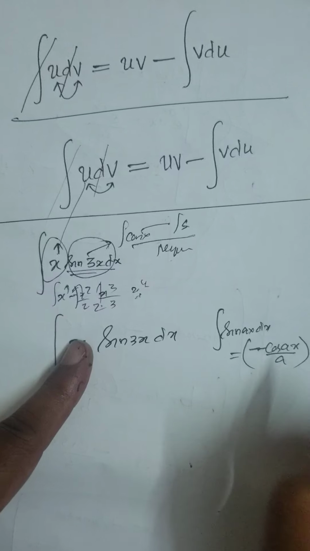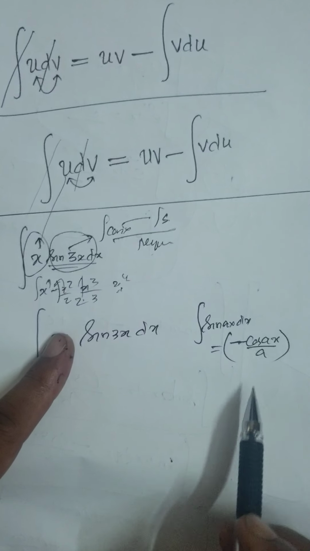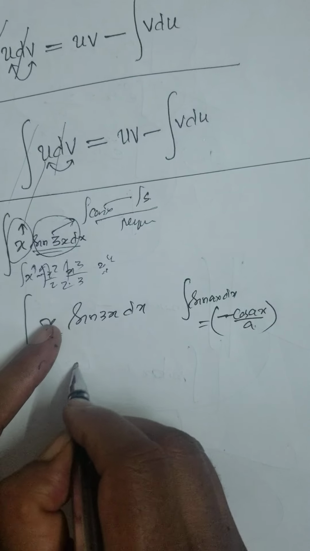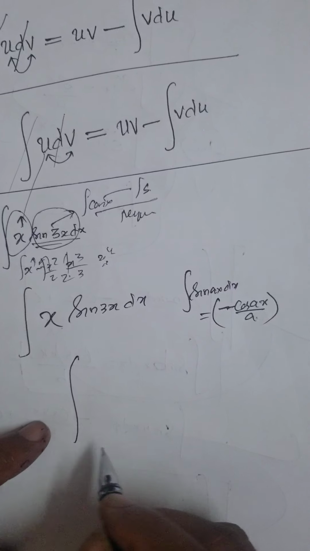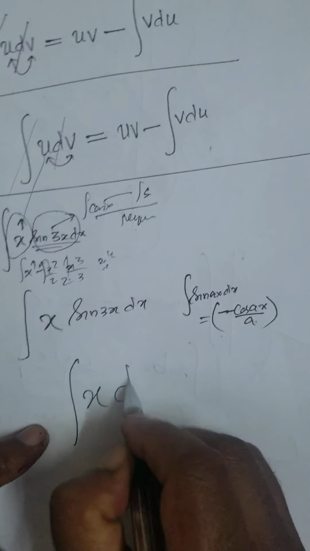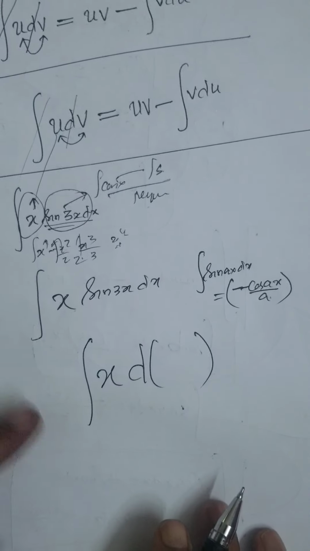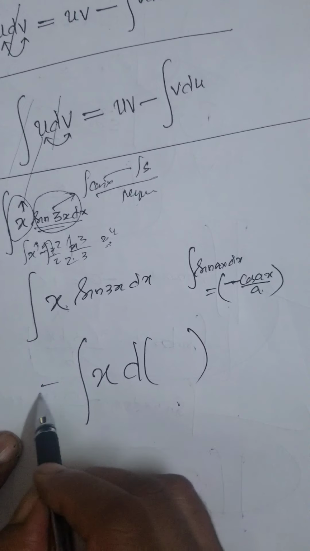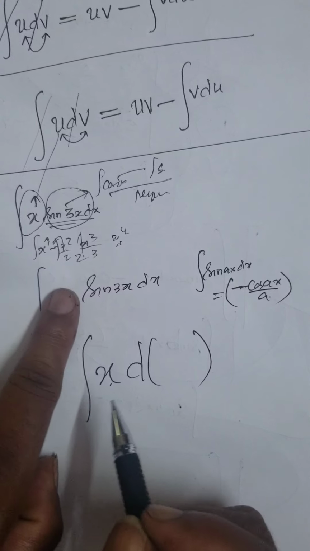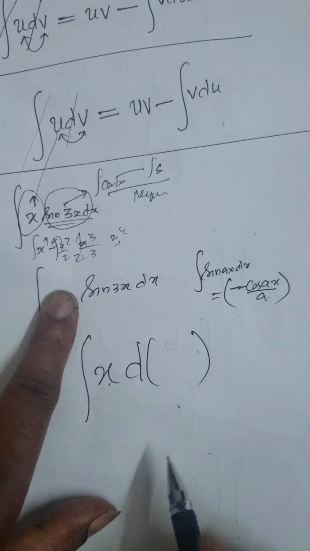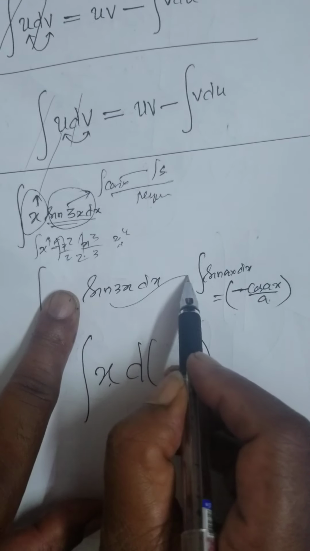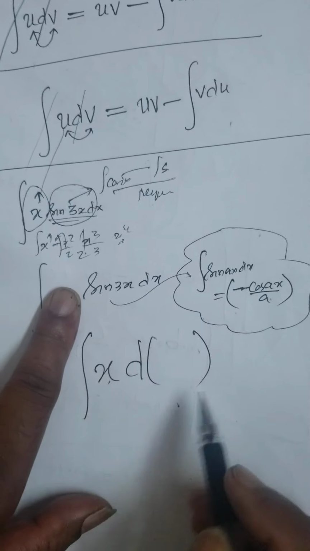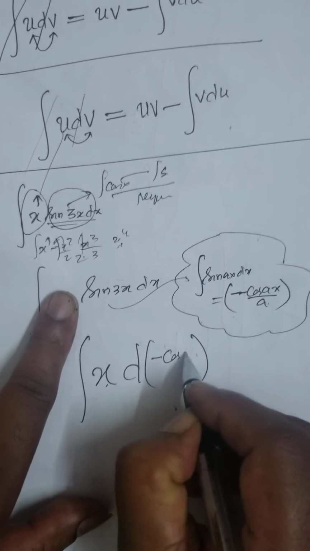Can you follow? Therefore, what I write, I'll close, I'll put an integral. I'll write x, I'll put one d. See how I'm going to do it. I'll close this now. First I'll put an integral, I'll put x, I'll close this. Integration of sine is what? This you have to think. Minus cos ax by a.